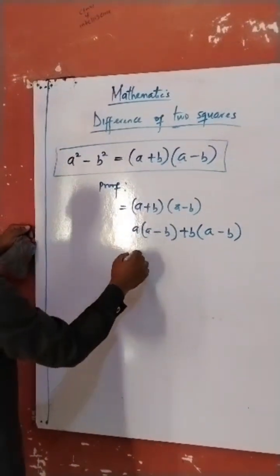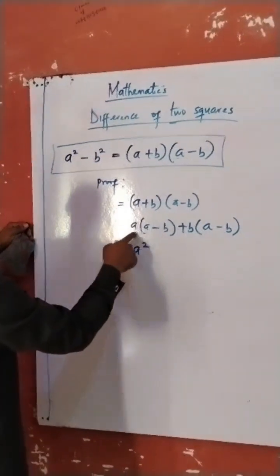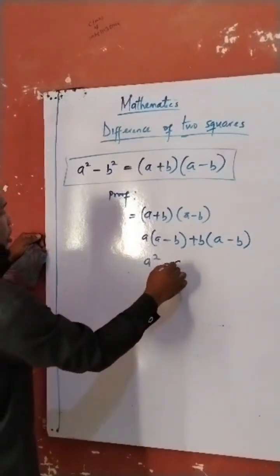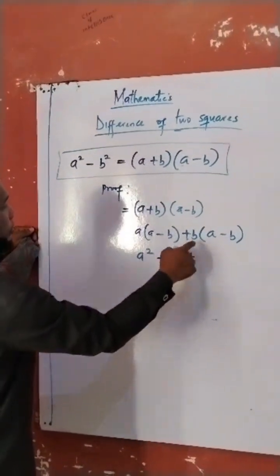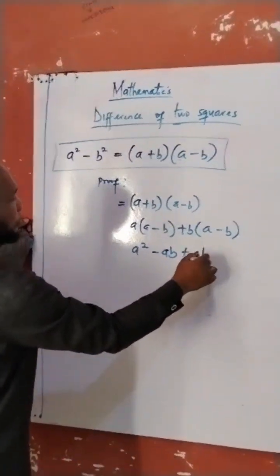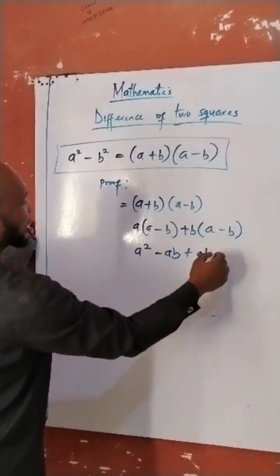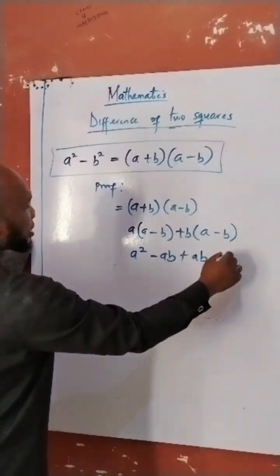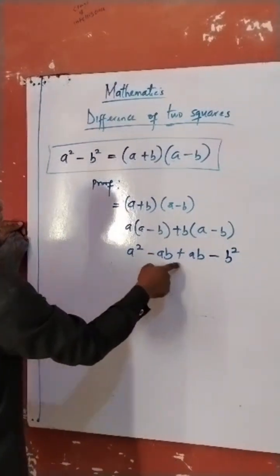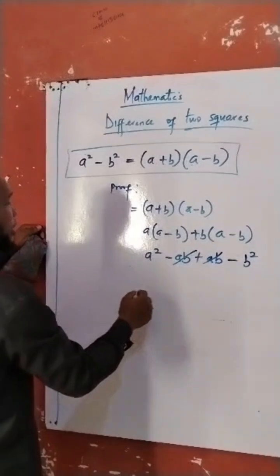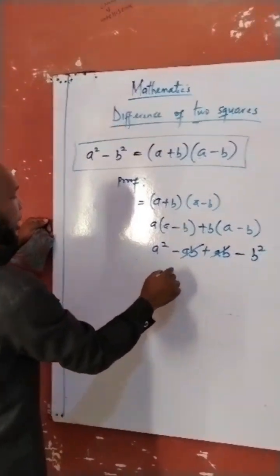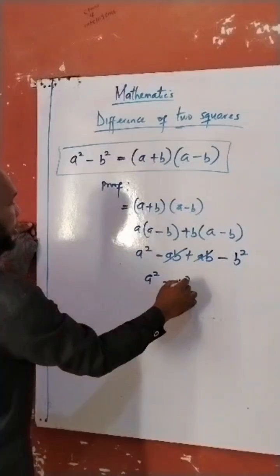A times a gives us a square. A times minus b gives us minus ab. Plus b times a gives us ab. Plus times minus gives us minus b times b, which gives us b square. Minus ab plus ab gives us 0 there. So we are left with a square minus b square.